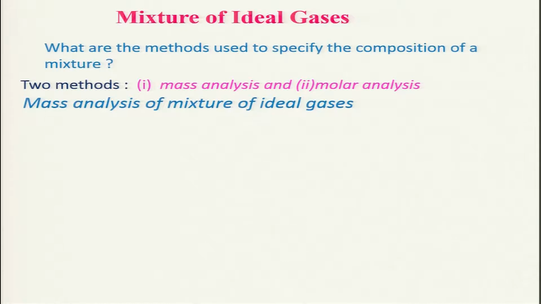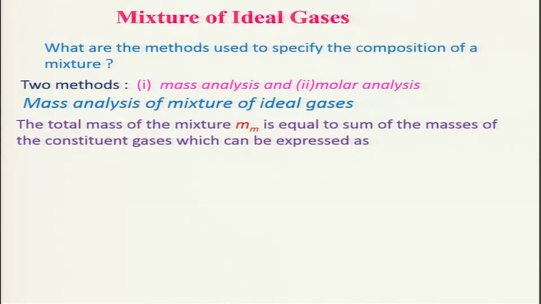So, the mass analysis of a mixture of ideal gases considers the fact that mass is conserved. That means the total mass of the mixture mm is equal to the sum of the masses of the constituent gases. For example, if the combustion gas contains fuel, let us say methane, and oxidizer, carbon dioxide, and water, let us say only these 4 species, then naturally the total mass will be the sum of the masses of methane, oxygen, carbon dioxide, and water.